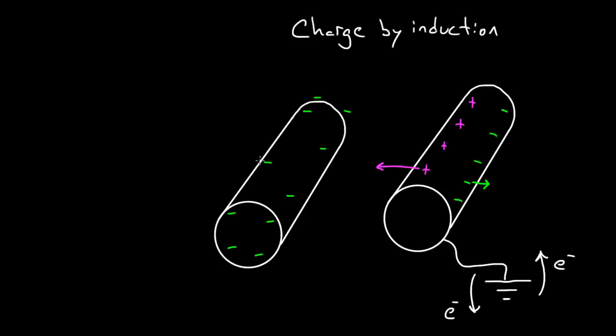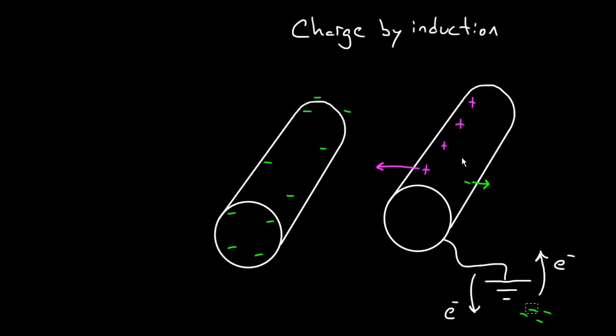Now what would happen if I bring this negative rod close to this rod that originally had no net charge? Now, instead of just going to the other side of this, they say, hey, I could just leave. I'm going to get the heck out of here. These negatives can leave. A whole bunch of negatives will start leaving. And what happens when that happens is that your rod is no longer uncharged. It has a net amount of charge now.